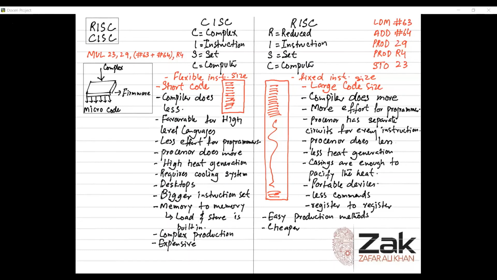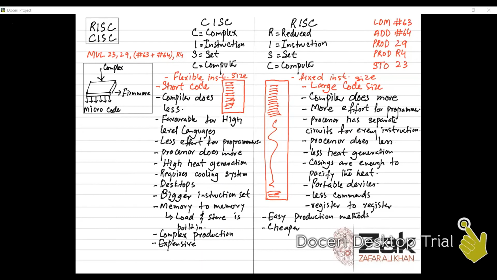In RISC there is no control unit, and there is one separate circuit for every instruction. Whereas in CISC, there is a control unit, and that is responsible for the execution of the instructions. So all instructions are being executed by the control unit through its circuitry and all, but in RISC, there is a separate circuit for every instruction.